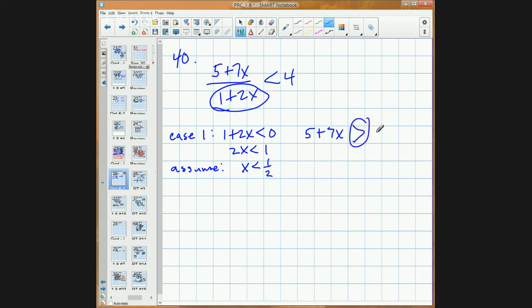And on the other side, we have 4 times 1 plus 2x. Would you all agree? If you take 4 times 1 plus 2x, you get 4 plus 8x, right? Now let's do the algebra. Let's subtract 7x from both sides. Okay, and then let's subtract 4 from both sides.